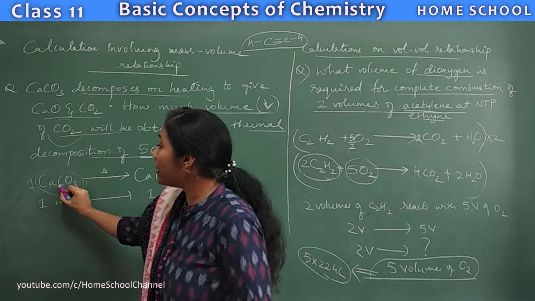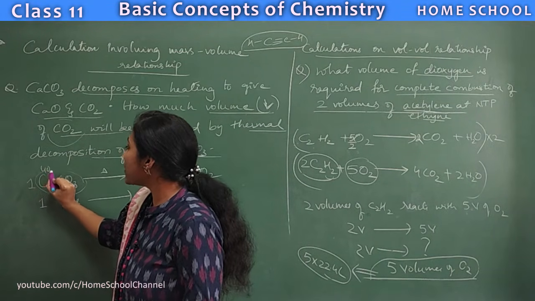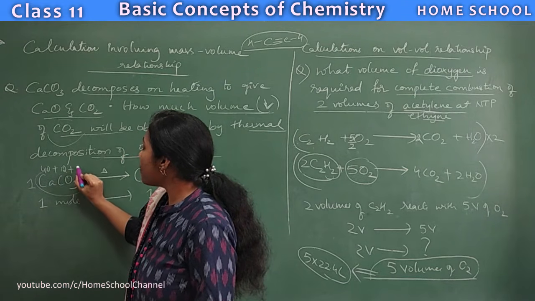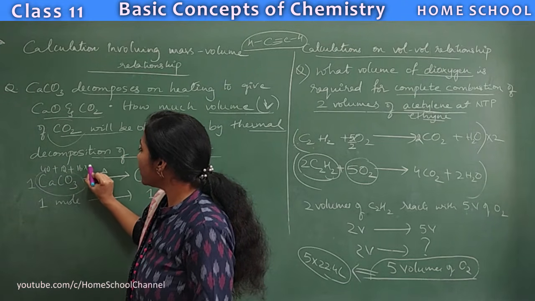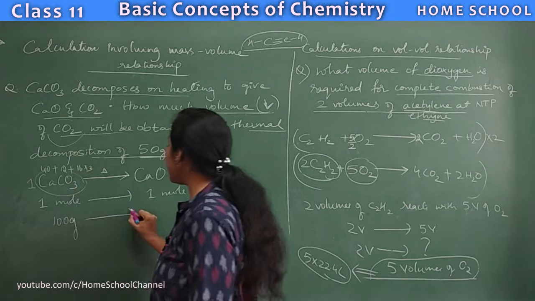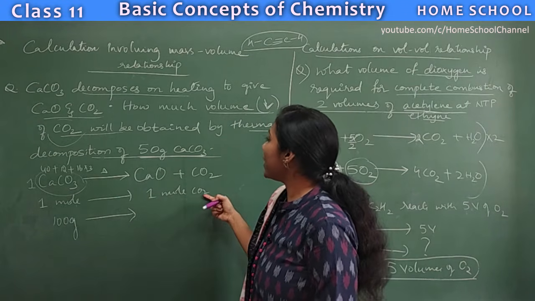So what is the molecular mass of calcium carbonate? Atomic mass of calcium is 40, atomic mass of carbon is 12, atomic mass of oxygen is 16 into 3. So you will get 100. So 100 grams is undergoing a reaction to give 1 mole of carbon dioxide.